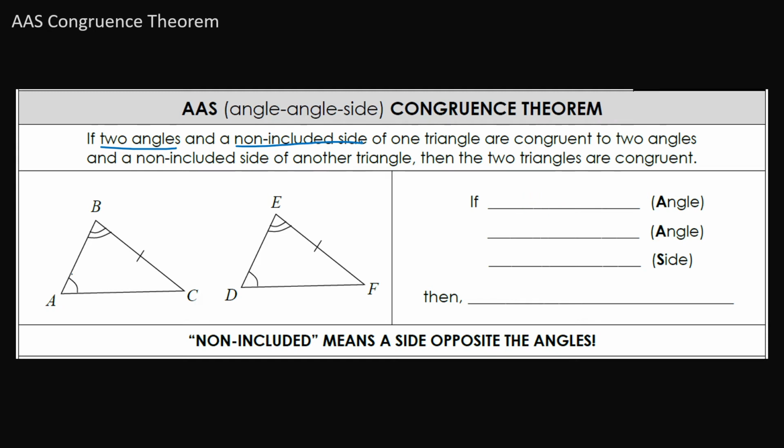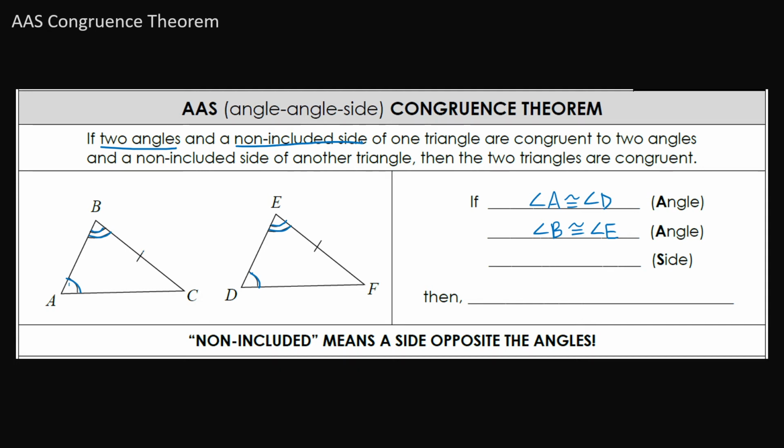So first, let's start with our first angles, angle A and angle D. If angle A is congruent to angle D, then let's use our next angle adjacent to that. Angle B and angle E have to be congruent here.